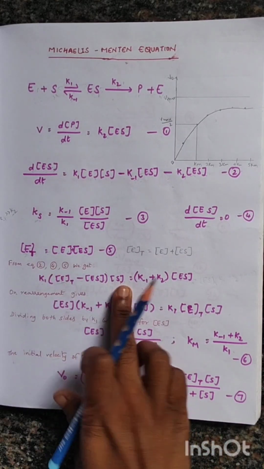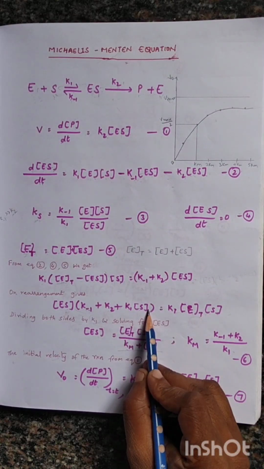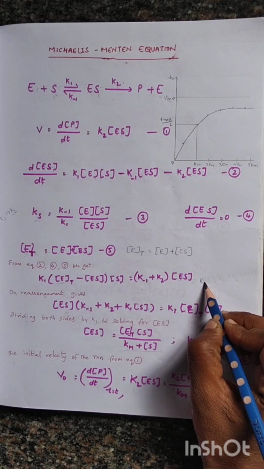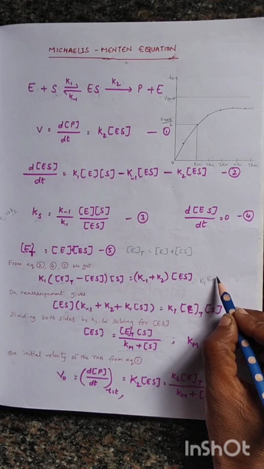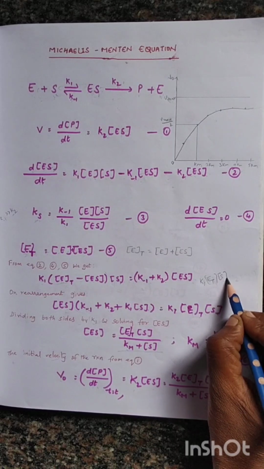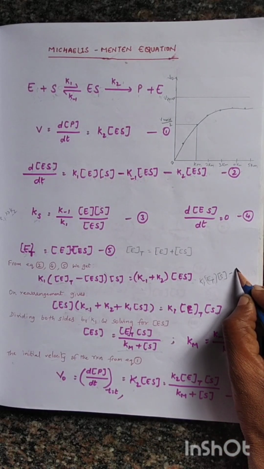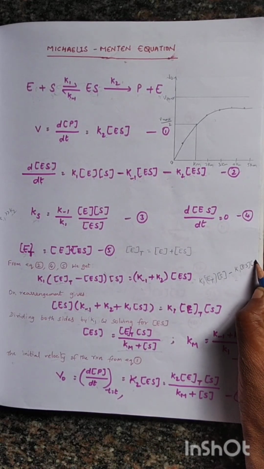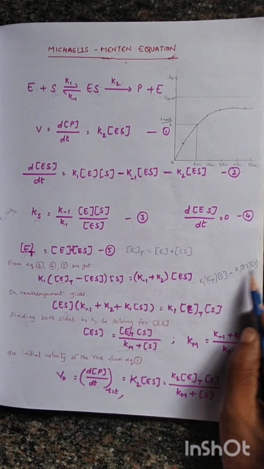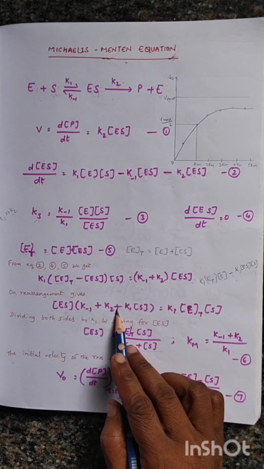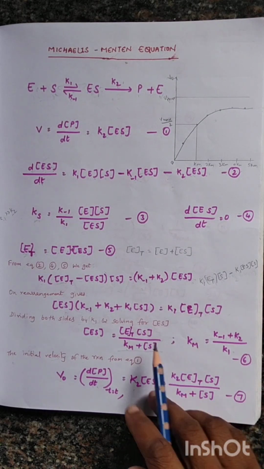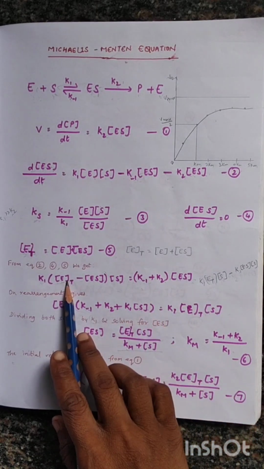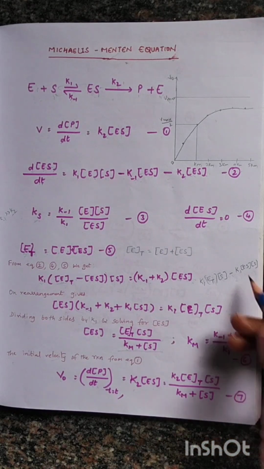If we expand this equation, then we will get this K1 into S. That is, when we multiply K1 E total and concentration of substrate, minus K1 ES complex into S. When this expression goes towards this side, it becomes positive and makes plus K1 into S, which is equal to K1 into E total into substrate.